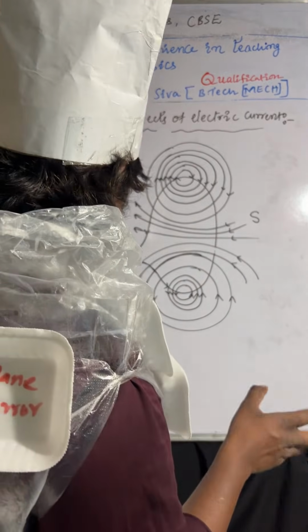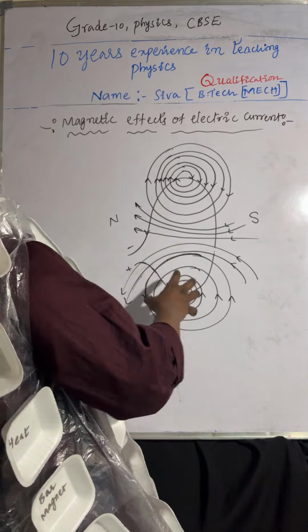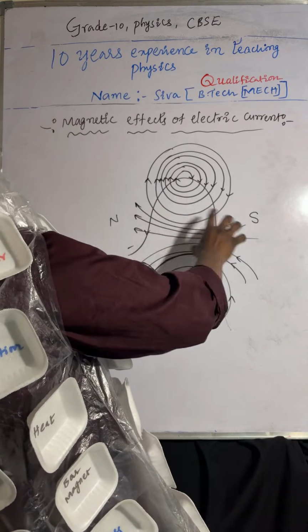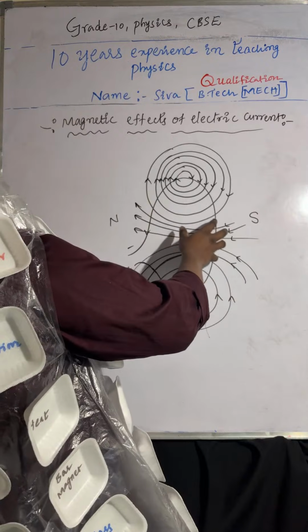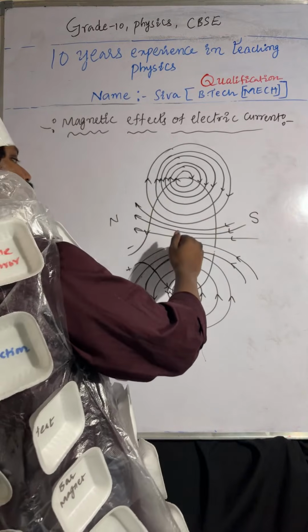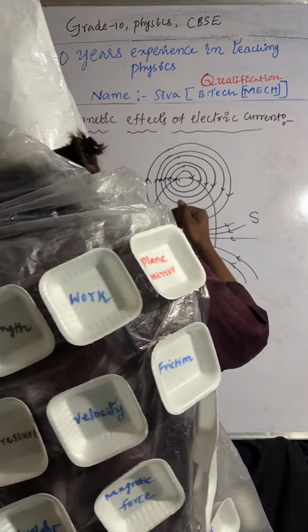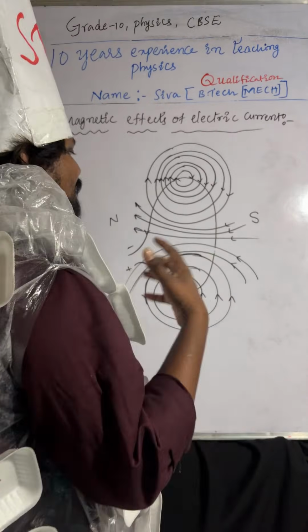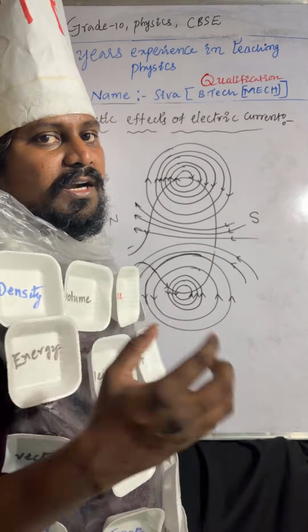Understood? Yes. Coming to the next one. At the center, these lines will become parallel lines. This magnetic field will add up to the next magnetic field, and so on, each adding to the other.